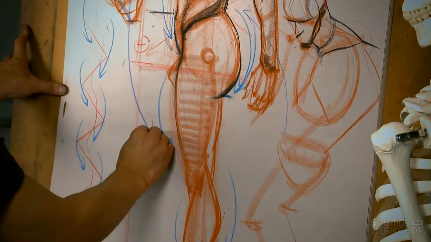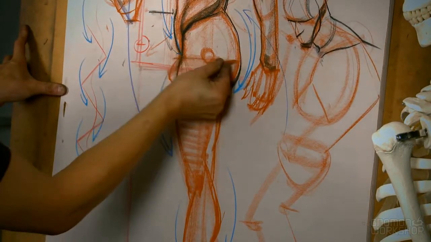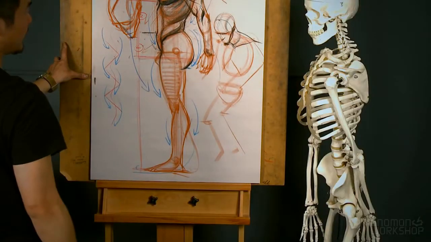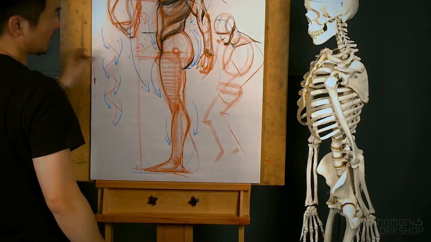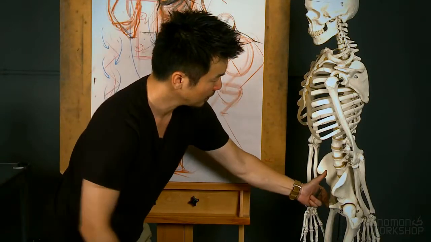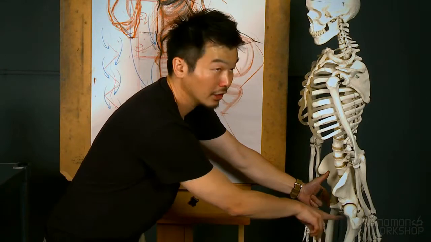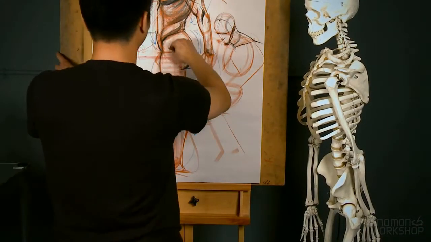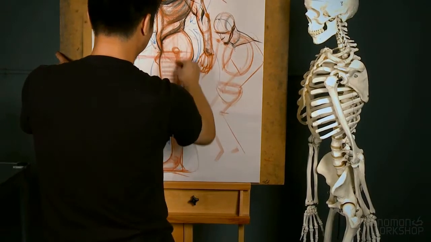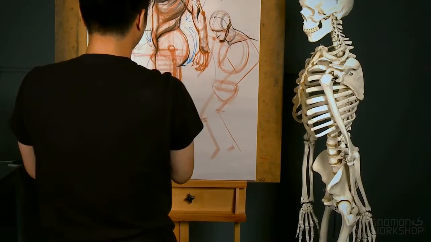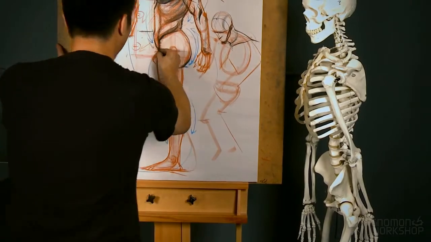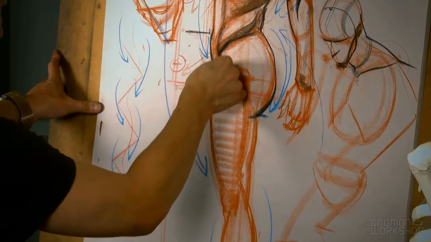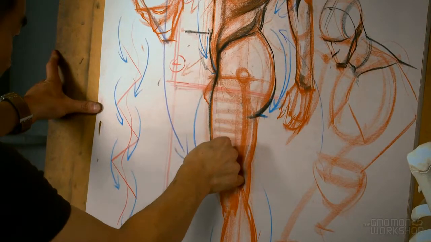Here's the greater trochanter, okay, pretty close to the bottom of the stomach. Look, here's the bottom of the stomach, right? Greater trochanter is about right here, pretty close. The front curve of the thigh is going to be a long curve.